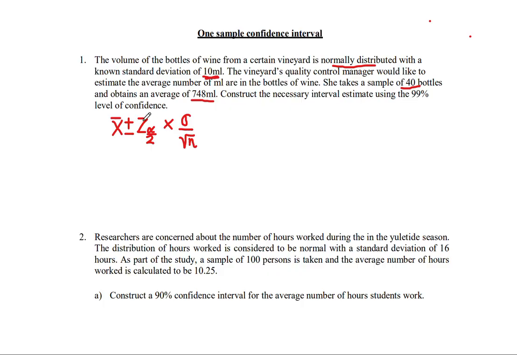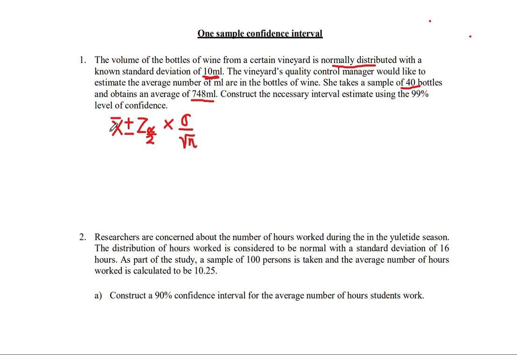Hence, our insertion of Z instead of, for example, T here in the formula. The T distribution is used in situations where the population standard deviation is not known and also when the sample size is less than 30. So in this particular case, the conditions for the standard normal distribution are satisfied.